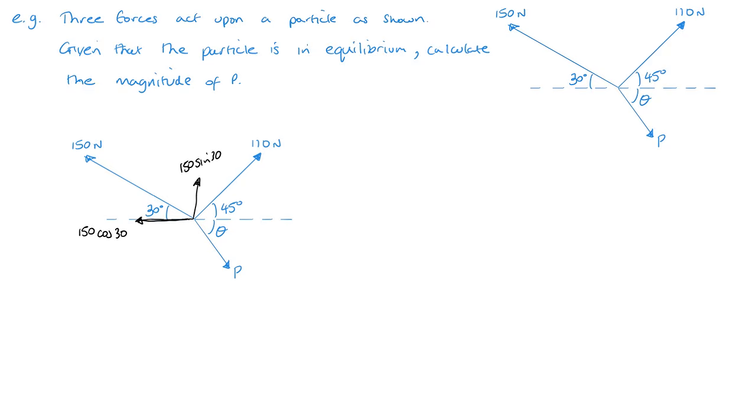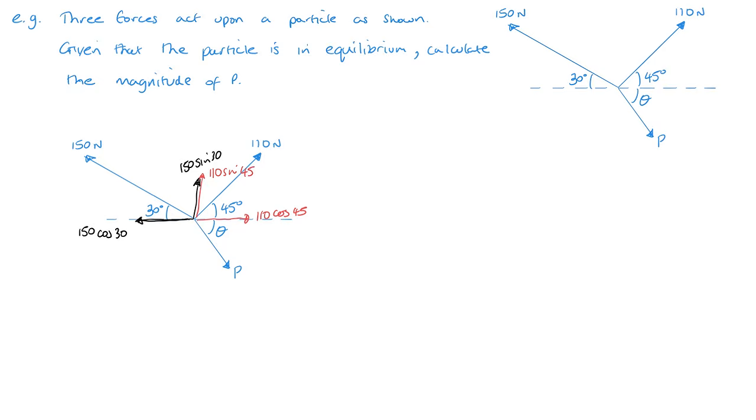Now I'll split the 110 one up and I'll do this in red. So horizontally 110 cos 45 degrees and vertically 110 sine 45 degrees.